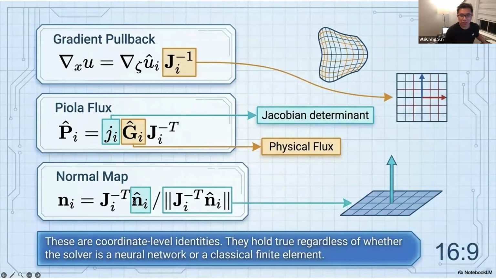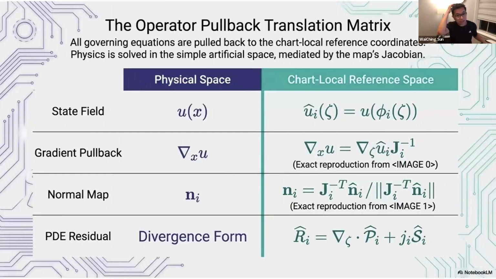We also want the normal mapping, which simply tells us the new coordinate system after we transfer from the physical domain to the reference domain. If we summarize it, we can rewrite the governing equation of our domain in the distorted, or rather the reference, configuration.